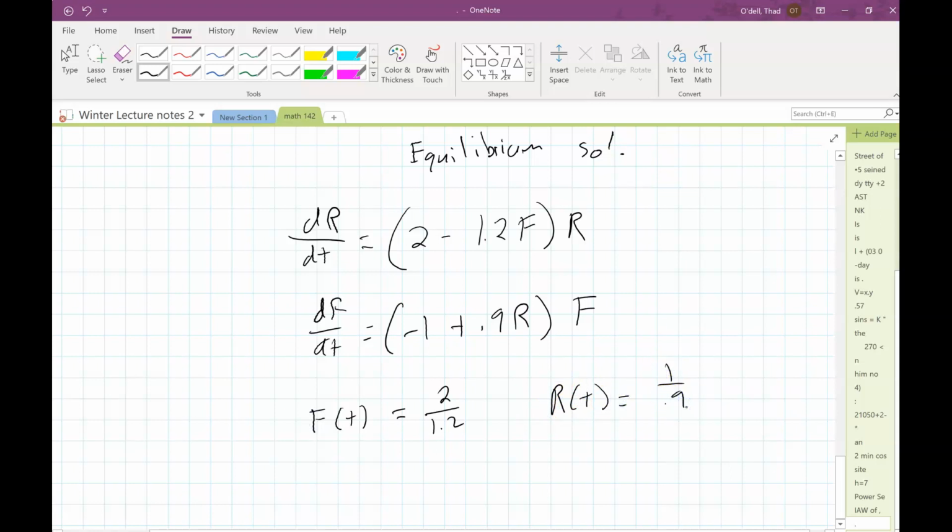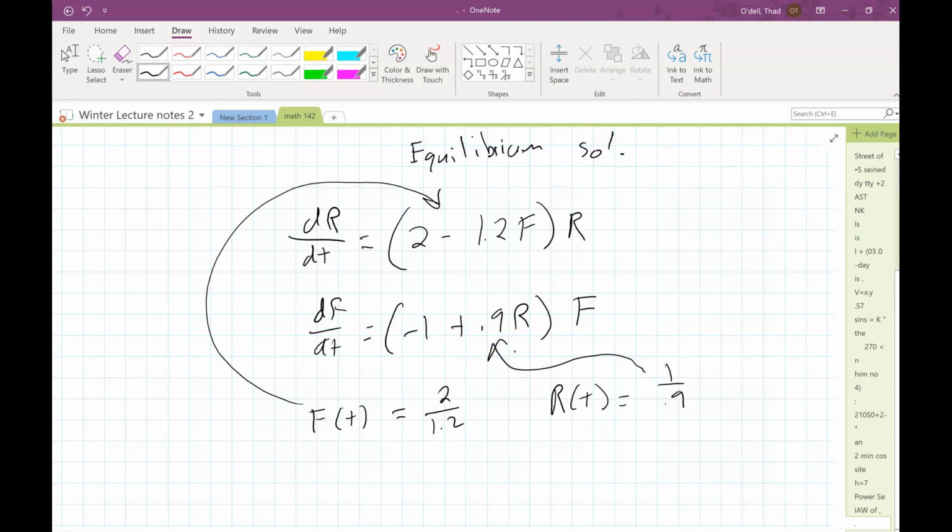You can see that that would make that 0, and this would make that 0. And so once again, we'd get dr/dt equals 0 and df/dt equals 0, which would be another equilibrium solution.